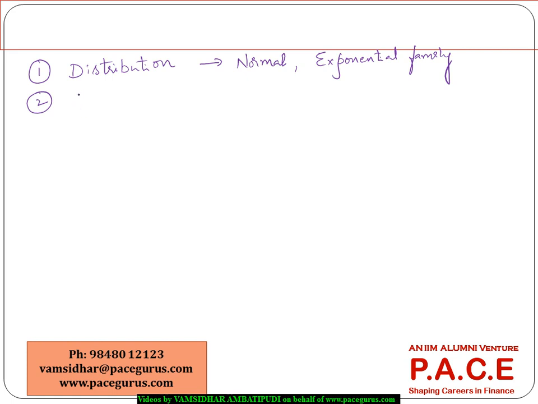Then I need a linear predictor, which is typically denoted by a term called eta, which is purely a function of the covariates or my predictor variables.